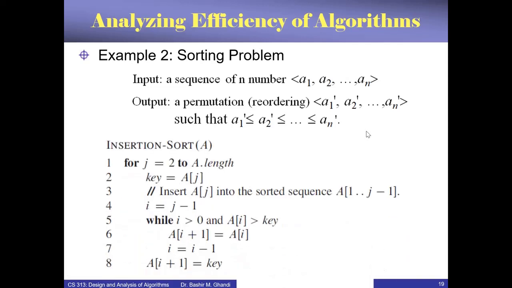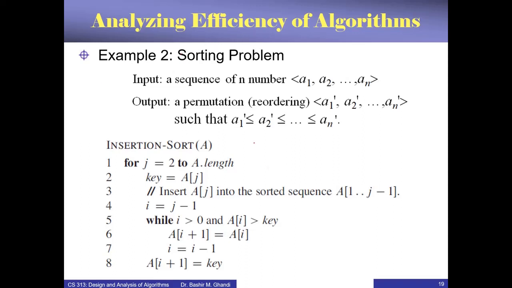And this is the algorithm for doing that. Insertion sort. Let's go through the algorithm. It takes an array, obviously, as input. And if you recall how insertion sort works, basically we conceptually divide the array into 2 portions.